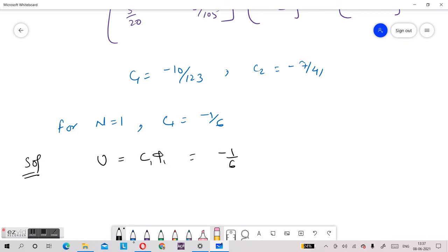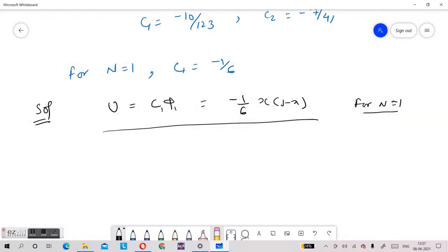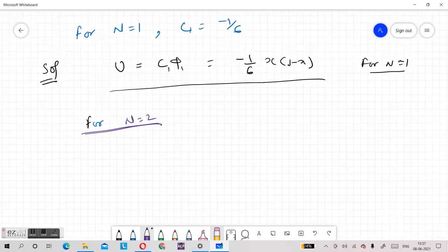So this is the solution for n equals 1 for the above differential equation. Now for n equals 2, the solution of the above differential equation is c1 phi 1 plus c2 phi 2.